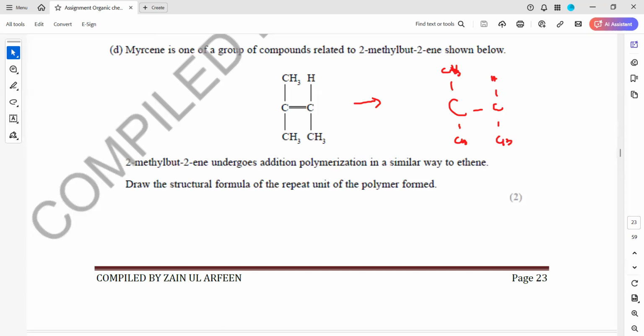But in a repeat unit, you're not supposed to write n; it is optional here, because we just want to draw the repeat unit. If they say draw the structure of a polymer, then we put a bracket and write n.